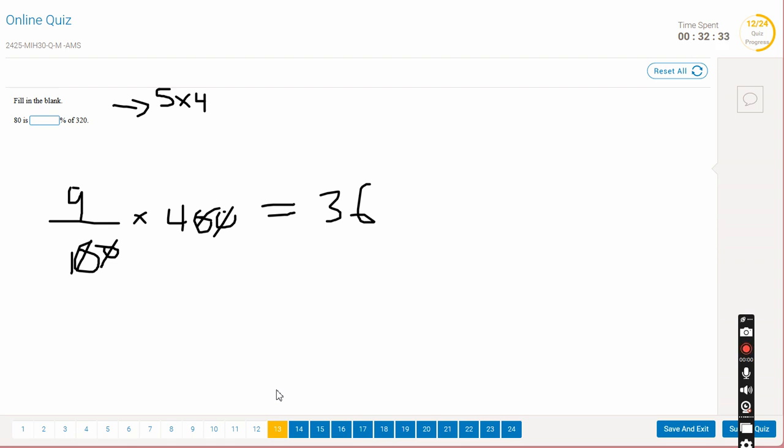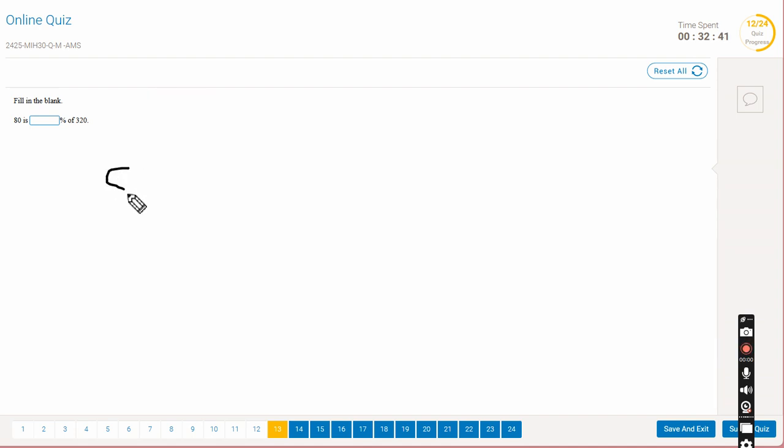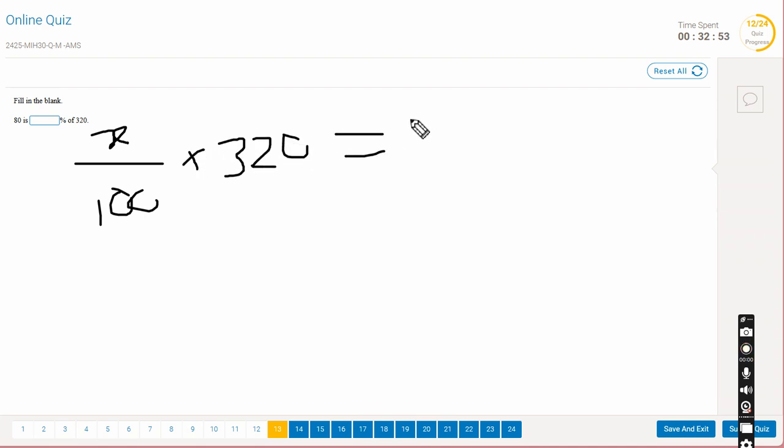The next one, what are you getting, is 80% of 320. Now they're asking 80 is. So now remember, what are they writing? So x over 100, because percentage is over 100, times 320 is 80.